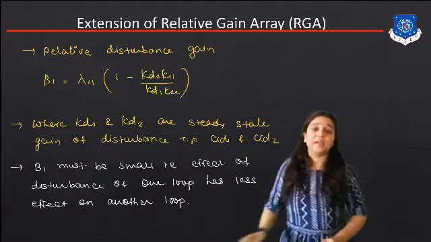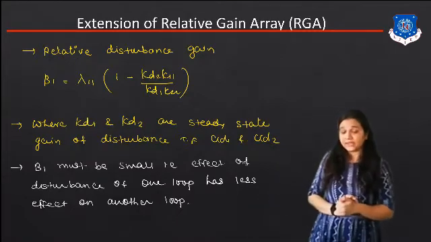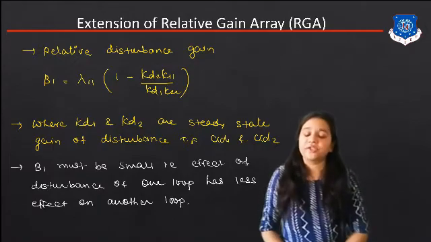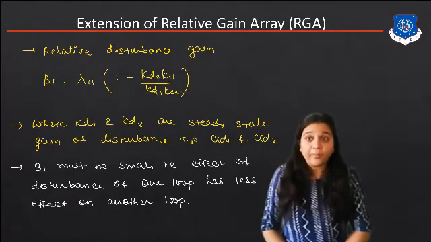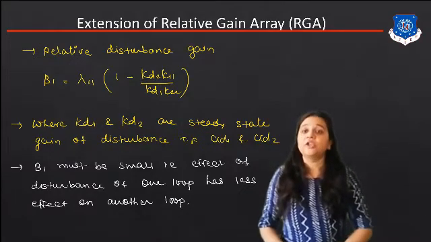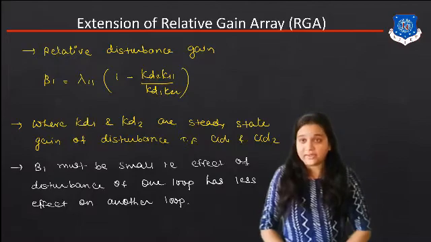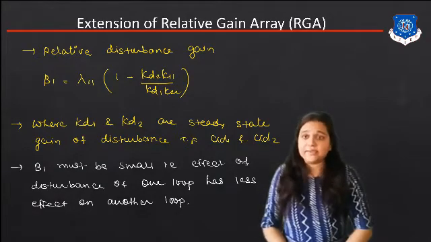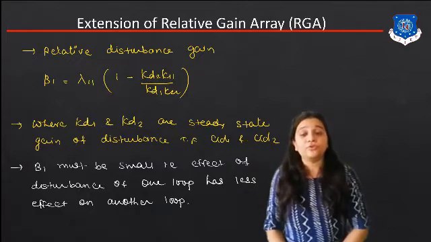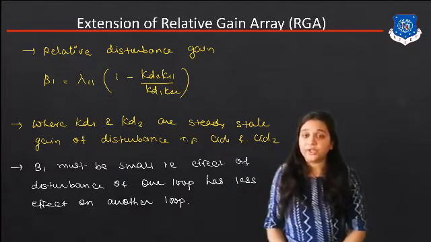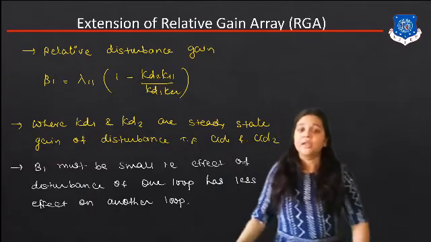Here you can see that using the RGA, we have to find the best pairing for this multi-loop system. But if there is a problem using the RGA, we can use the extension of the RGA, and the equation of the extension of RGA is V1, where we have to use the steady state gain of the disturbance transfer functions GD1 and GD2.